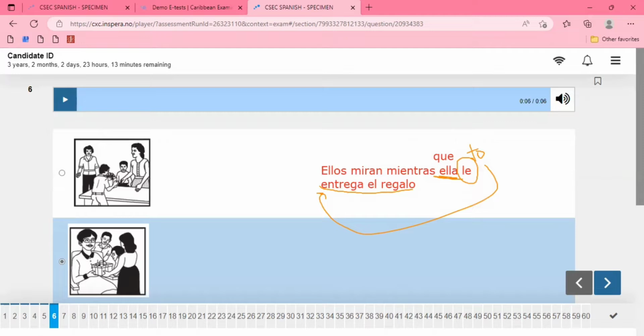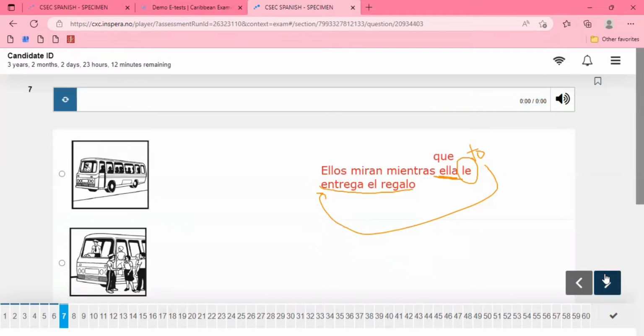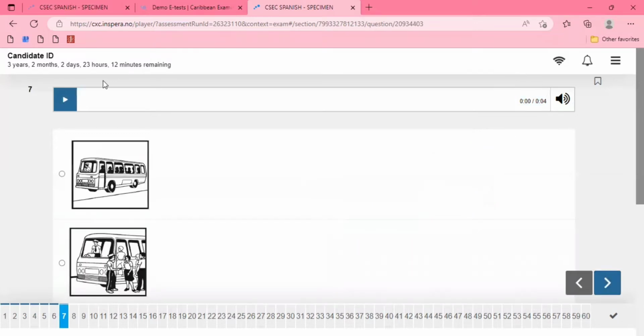But yes, because especially with the sentences where you have the keywords, like in this case, "ellos," and then "ella le entrega," those keywords are what will set apart 2 or 3 options even that seem extremely close. So I'm just breaking it down. Let's go to the next question.